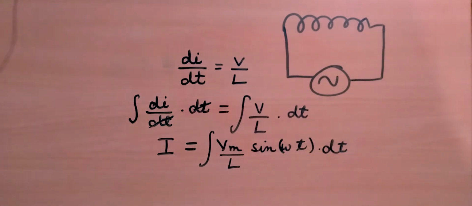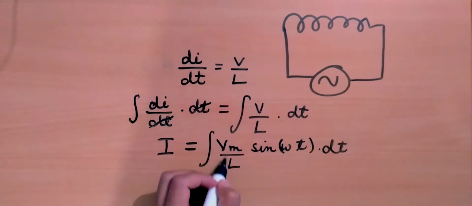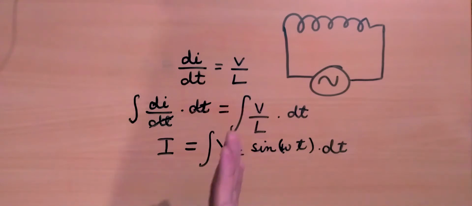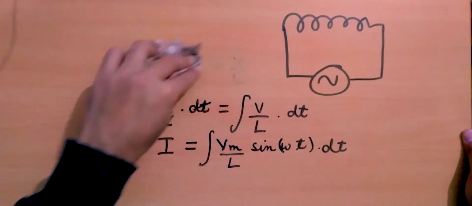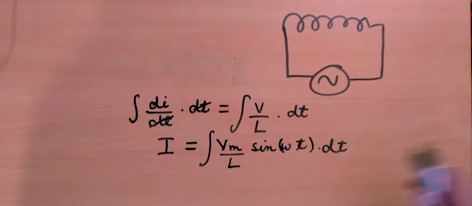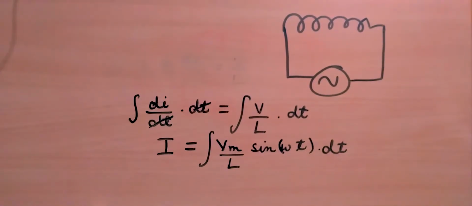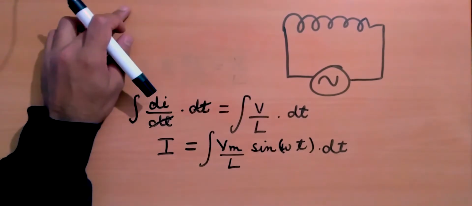Yeah, so now I can simply start integrating. I know the Vm and the L are constants, so I can pull them out of the integral symbol, and I'm running out of space, so I'll remove the starting step and continue here. I hope that's visible.